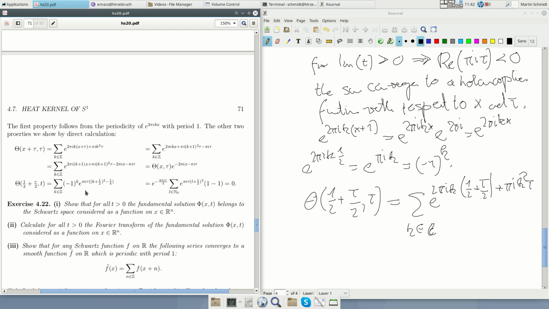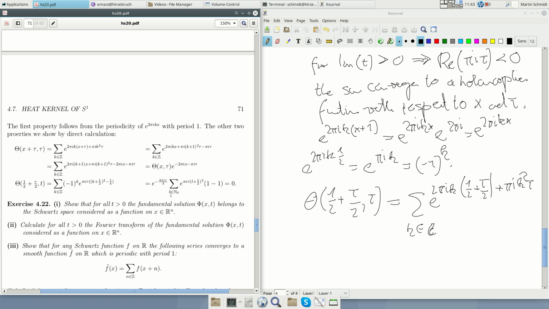So we have this formula. Now we put this factor out, because it doesn't depend on k, so we can take it out of this sum, and then we have this sum.